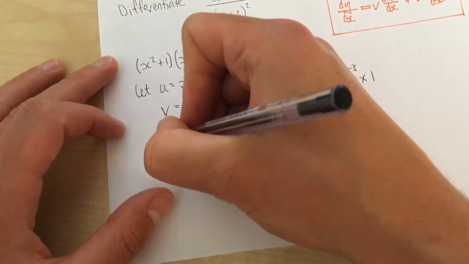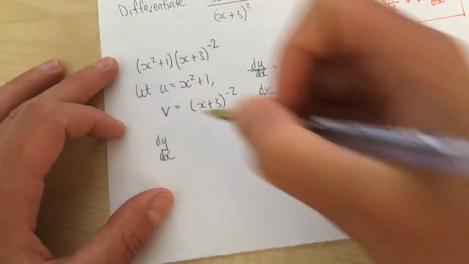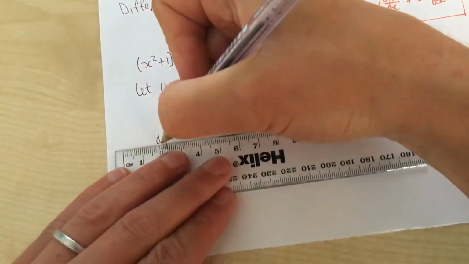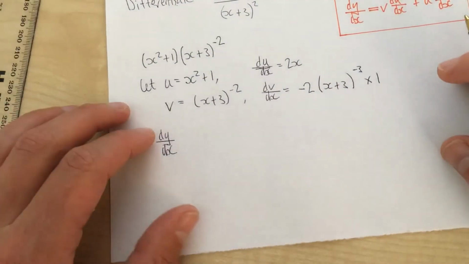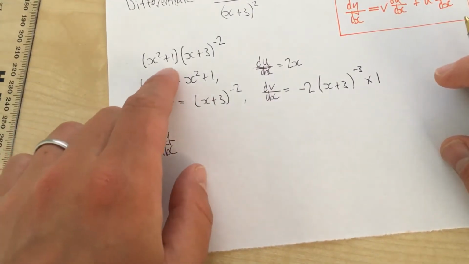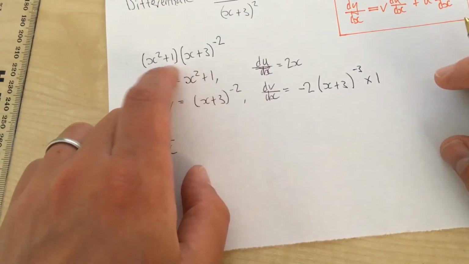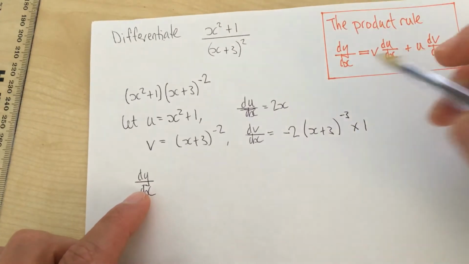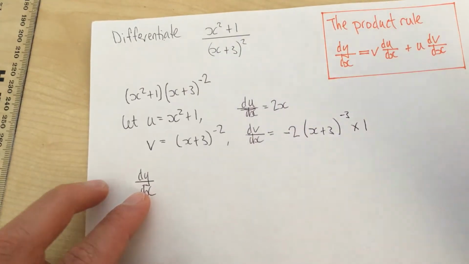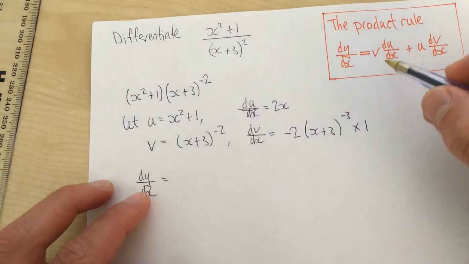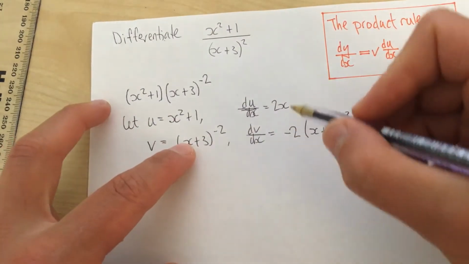Let's work out dy by dx. Well, here we have the form y equals uv. So I can say dy by dx is the derivative of this here. So we're going to do v du dx. So here's v and there's du dx.